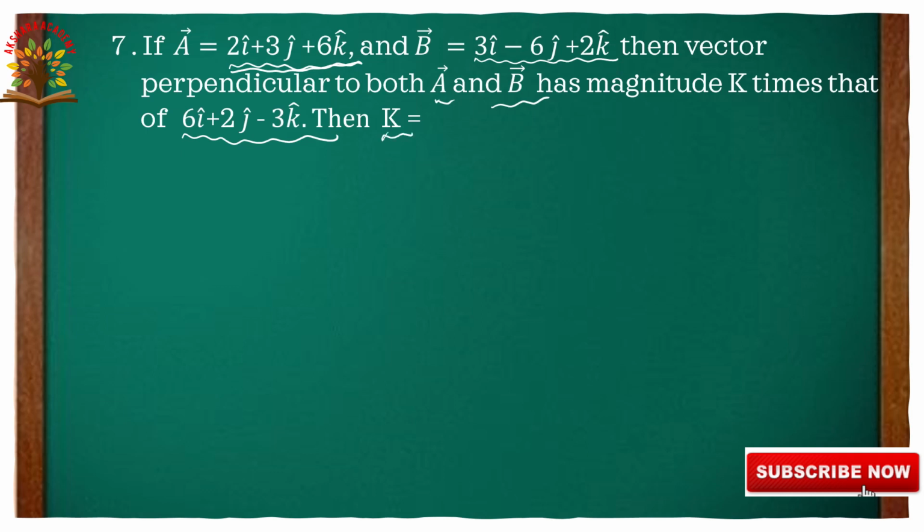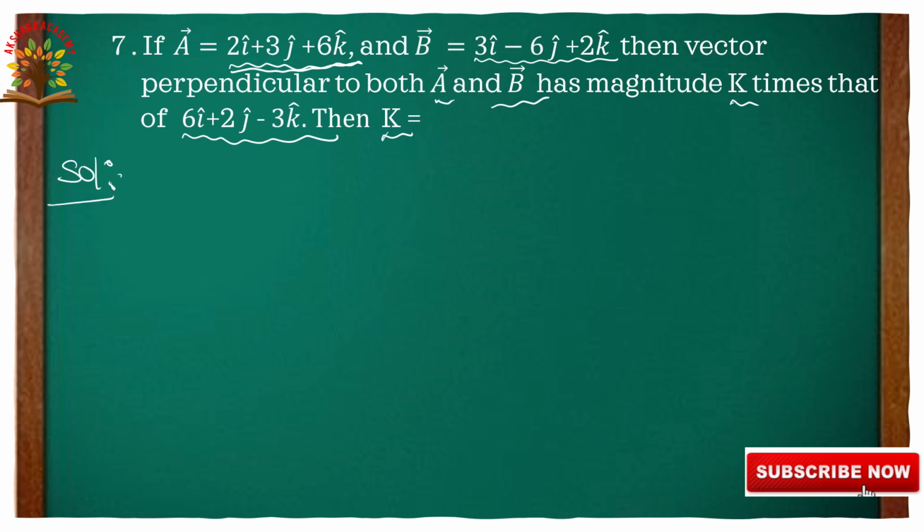Here in this question they given two vectors a bar and b bar, and a vector perpendicular to both a bar and b bar has magnitude k times that of this vector, 6i cap plus 2j cap minus 3k cap. Here we have to find the value of k. Let us go to the solution.